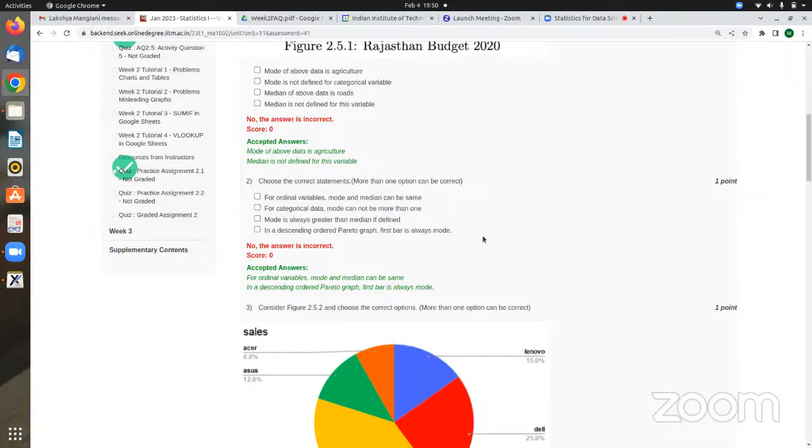Basically, ma'am said mode and median would be taken when we have a bar graph, not the pie chart. Okay, but I don't think so. Do one thing. Can you write the correct statement, exactly what she said, and what is the context of that?